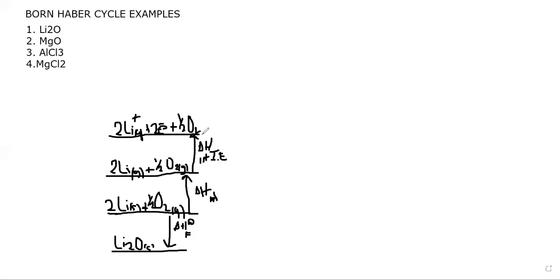So now that the metal has lost the required amount of electrons, each of them losing 1, it's now time to atomize oxygen. So we need to get our gaseous oxygen atoms.